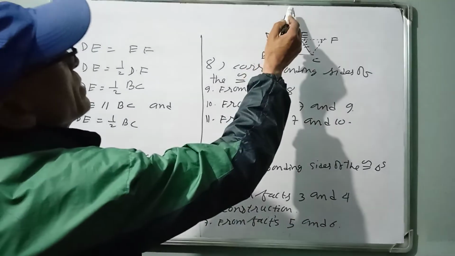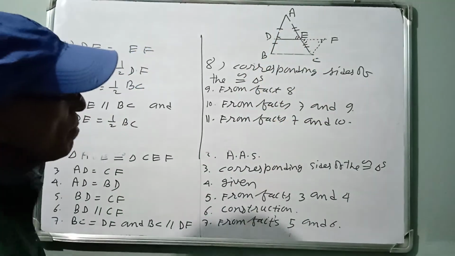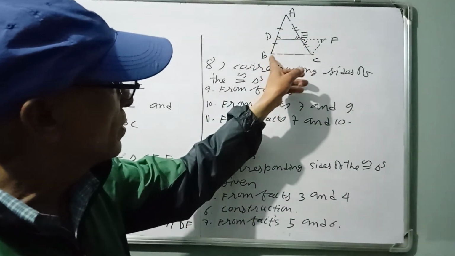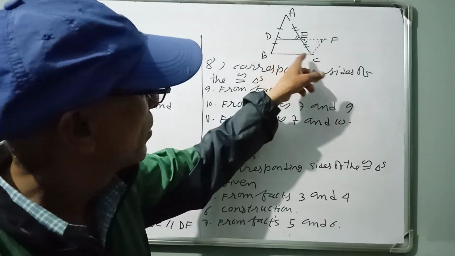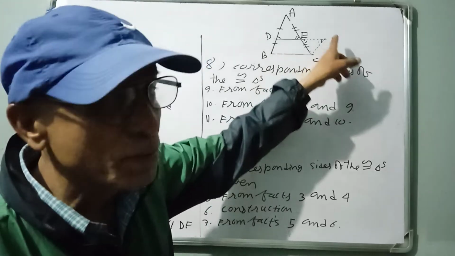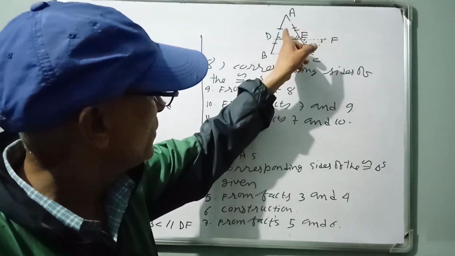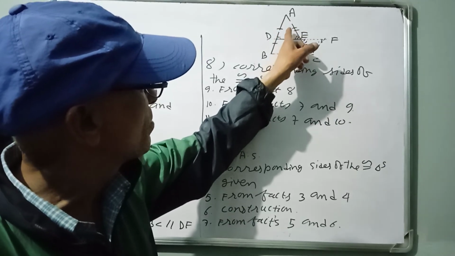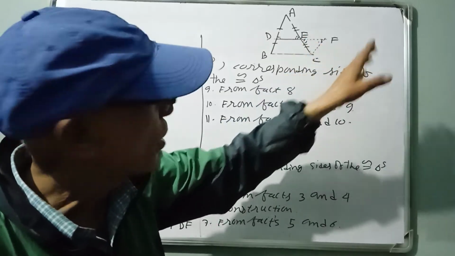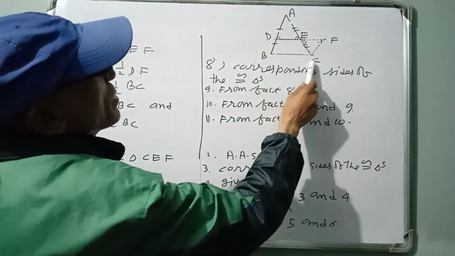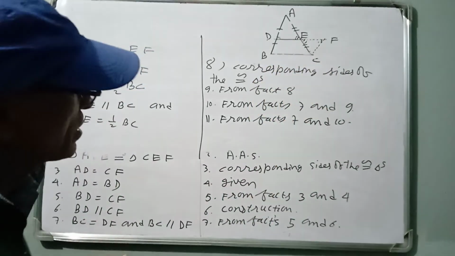Finally, in triangle ABC, D is the midpoint of AB, E is the midpoint of AC. To prove DE is parallel to BC and half of BC. Construction: a line CF is drawn parallel to BA, and DE is extended to F. Use angle-side-angle and prove triangles ADE and CEF are congruent. So AD equals CF and DE equals EF, corresponding sides.